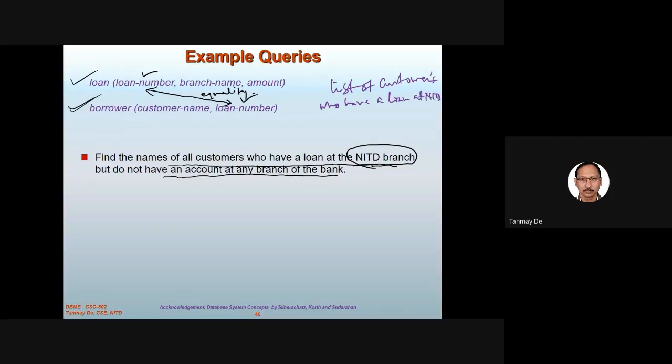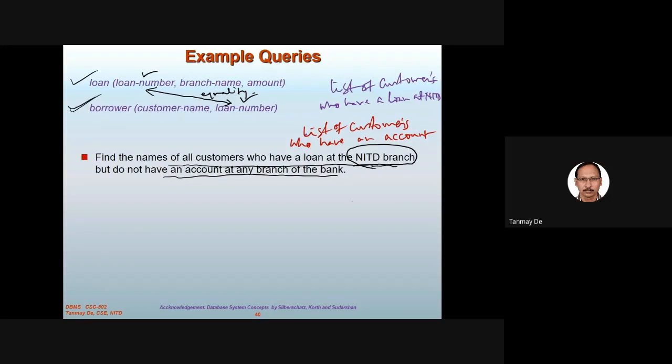Now what do we need to find next? Now, next we want to find the list of customers who have an account.